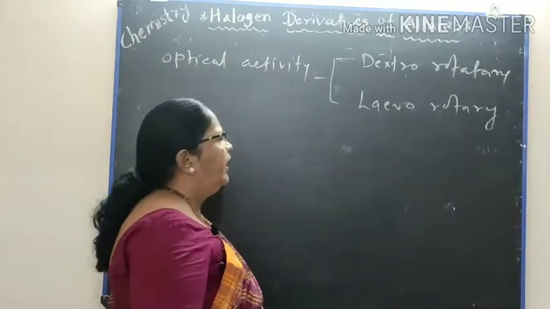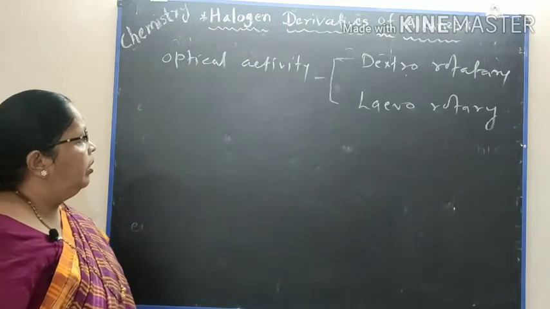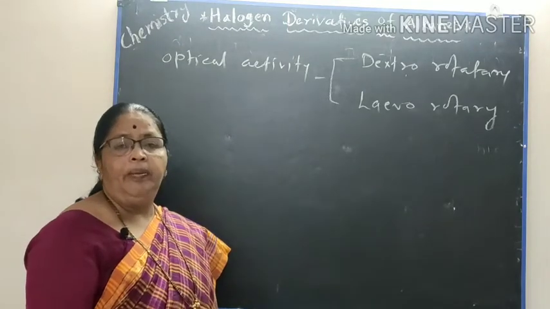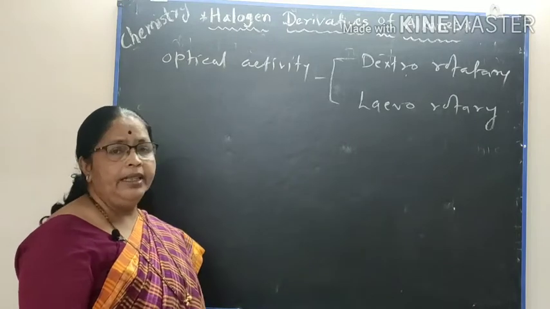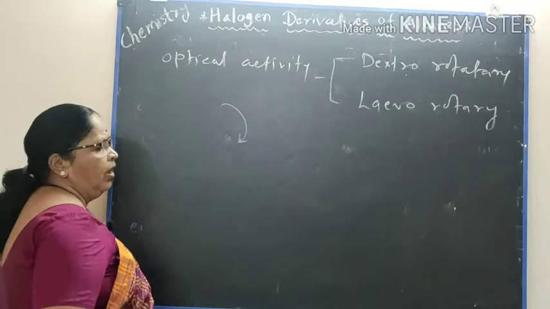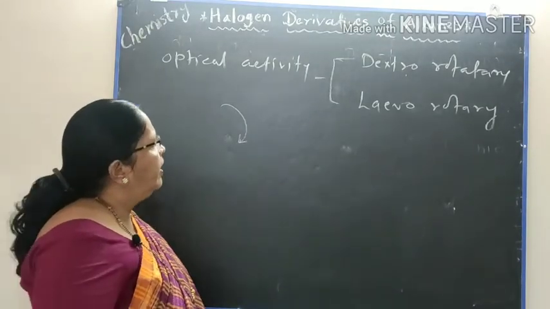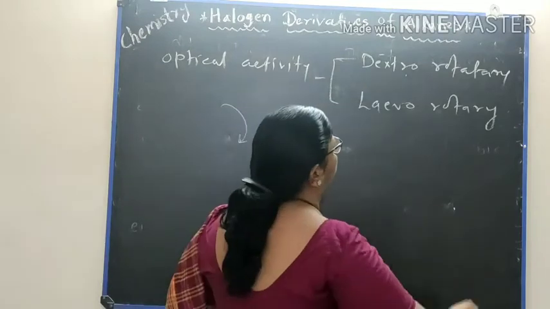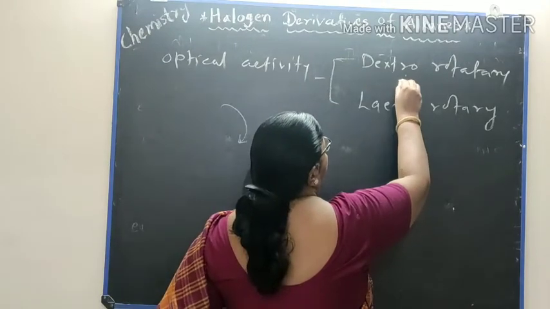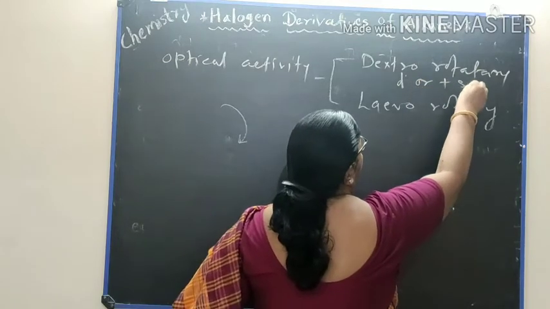What is meant by a dextrorotatory compound? The compound in which the plane polarized light rotates towards the clockwise direction is called dextrorotatory, and it is denoted by the small d or positive sign.